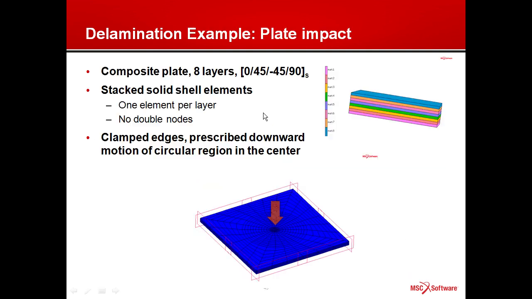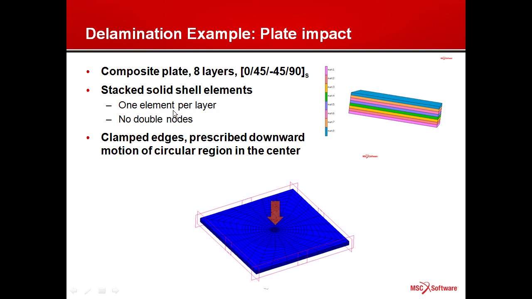So let's look at an example of delamination, and this is a very good problem for composite delamination. You can see here we have a composite plate, 8 plies, quasi-isotropic, symmetric. In this case, we're going to use 8 layers of solid elements. And because we're going to push down in the middle of this plate, we're going to see a lot of bending, so we've chosen to use solid shell elements.